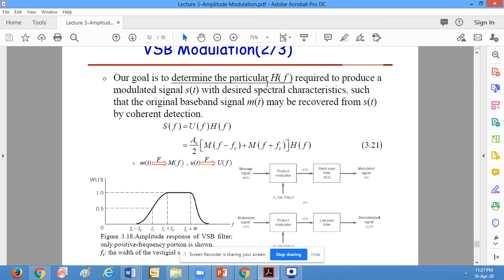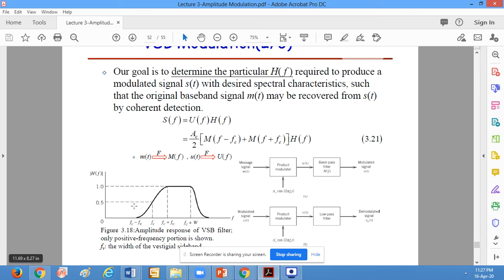Our goal is to determine the particular band. The main difficulty in getting this VSB is the design of the filter. The response in the Fourier transform, given as H(f), is to produce a modulating signal x(t) with the desired spectral characteristics. So you can look at the response of the filter. The response of the filter contains one of the sidebands and this part.